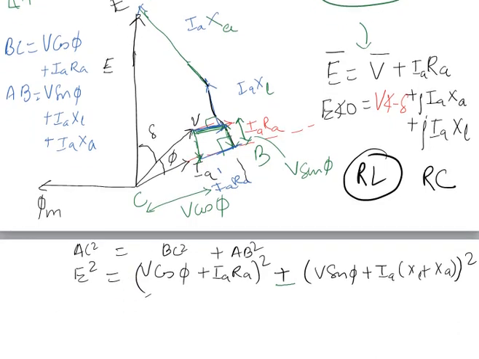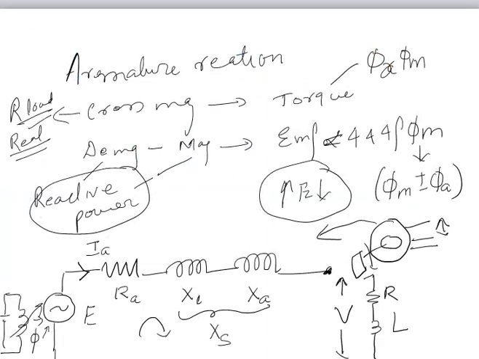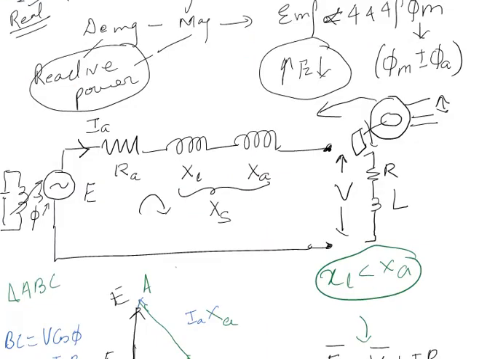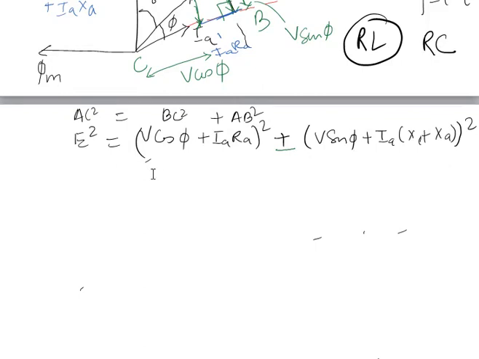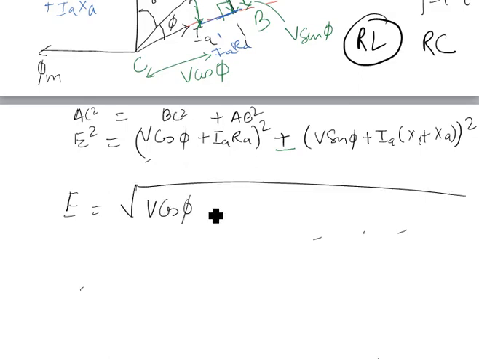So what I can write now is that E is nothing but the root of this whole equation: (V cos phi plus IA RA) whole square plus (V sin phi plus minus IA (XL plus XA)) whole square.